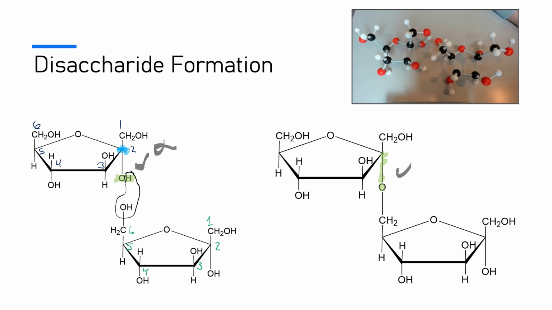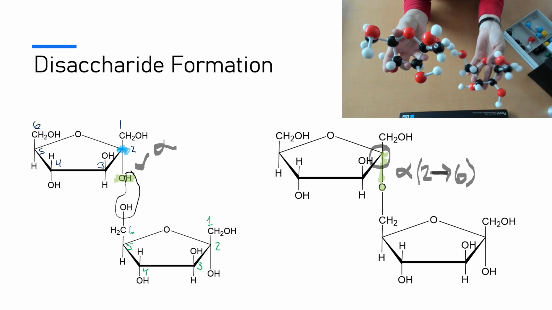Therefore, this is going to be an alpha 2, because our anomer carbon is carbon number 2, and it bonded to carbon number 6. This is an alpha 2,6 glycosidic linkage.